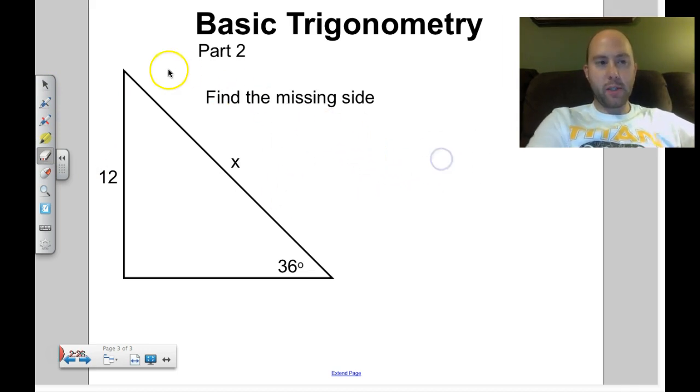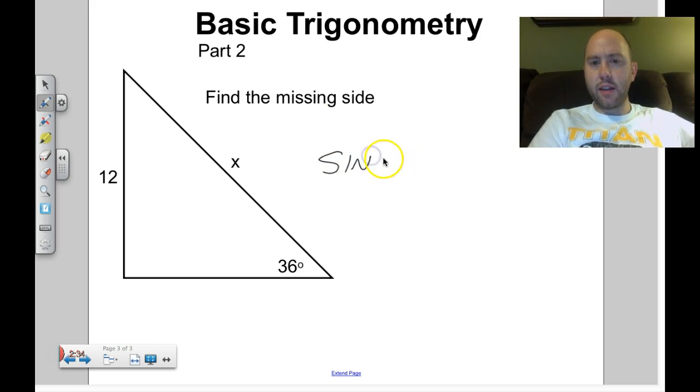I think the batteries are running low on my little mouse pad thing here. Okay, so what's the equation? Well, it'd be sine theta equals opposite over hypotenuse. Now, the goal is I want to get hypotenuse by itself because that's what I'm looking for.